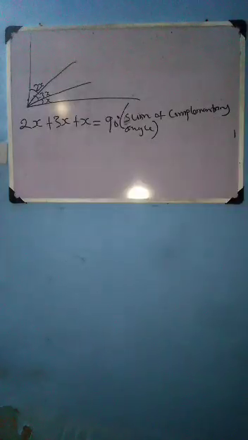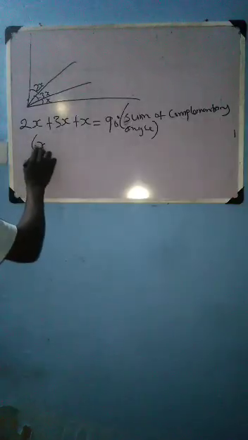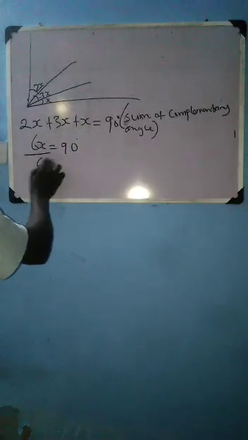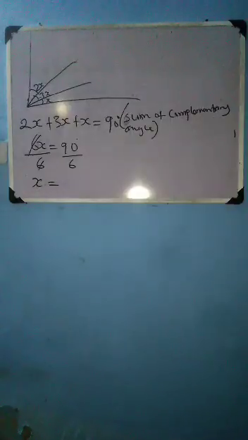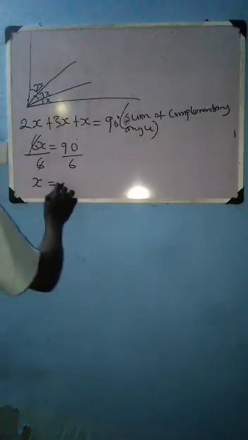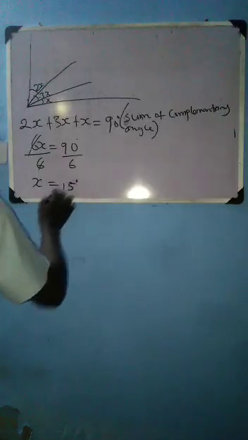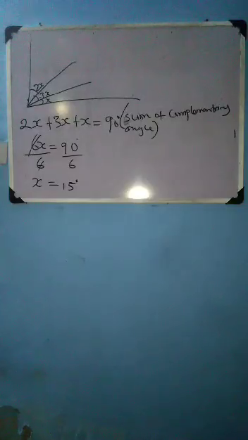So let's add: 2x plus 3x is 5x, plus x is 6x. So 6x is equal to 90 degrees. To find x alone, divide by 6. x is equal to what? 15 degrees. That's it. That's simple.